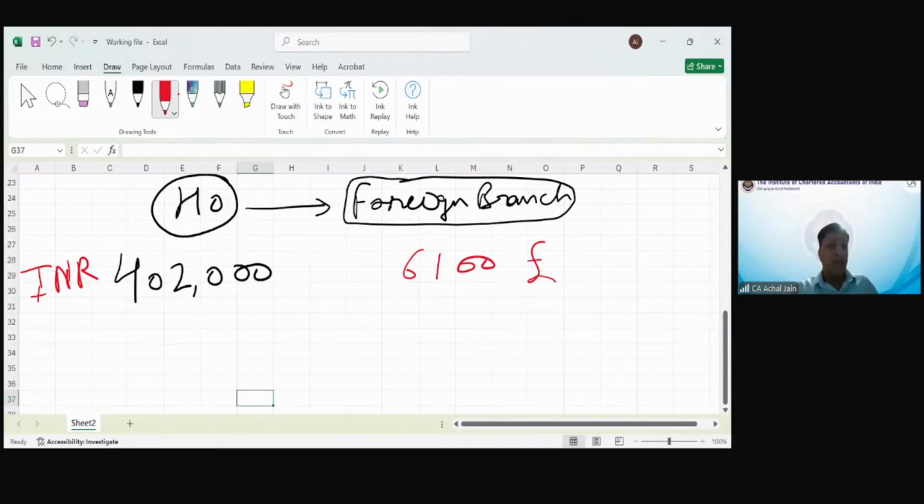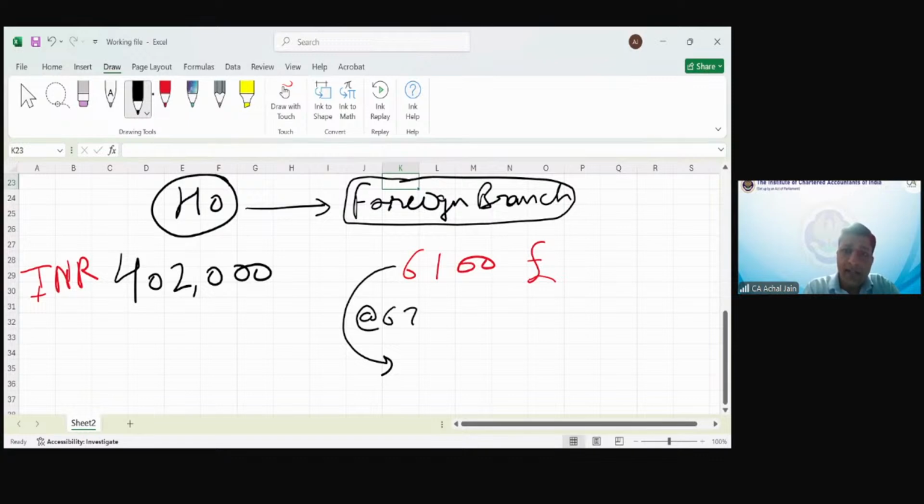Soumya, can you tell me what is the amount you will get? Quickly, over to you. 4,08,700. Correct. So if you convert this at the rate 67, then you get 4,08,700.